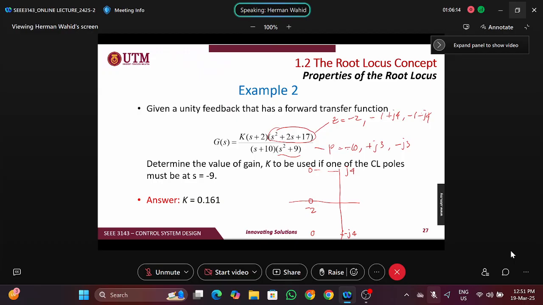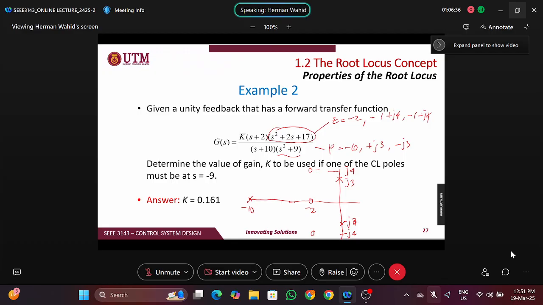So the poles are -10, which is a bit far away here, -10, plus j3, so it is just an imaginary number, so it is here, j3, it is here, j3 negative. Okay, so we have done all.